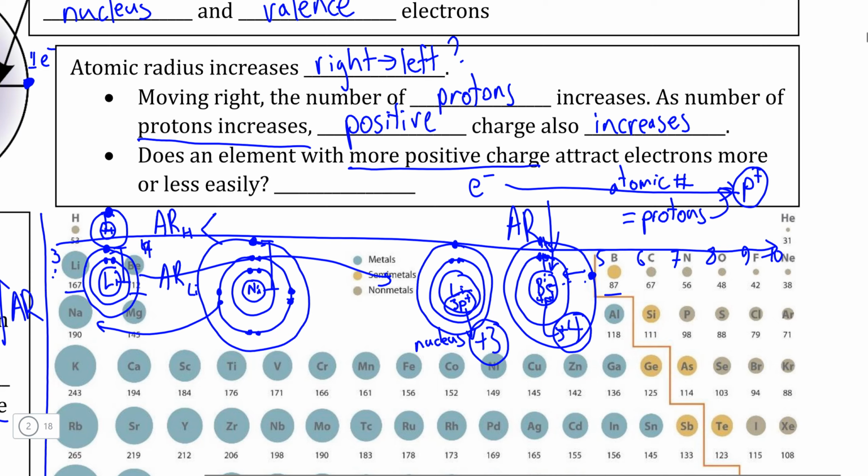Well, the stronger the positive charge is, the more attractive the force is, and therefore, the more positive charge an element has, the more easily it is able to attract electrons and pull the valence shell closer to the nucleus, and that's why fluorine with 9 protons has a much smaller atomic radius than lithium with 3 protons, because its positive charge is able to pull its valence electrons closer, causing the atomic radius to decrease as a result.